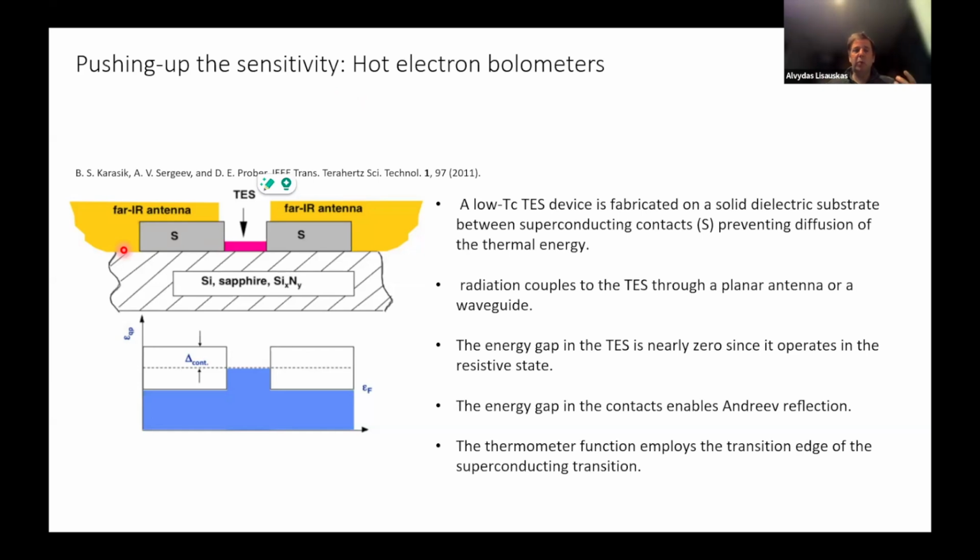So what do we use as absorber? Usually TES or SNS structures are so small, like transistors or diodes, that they do not see the radiation directly. The antenna brings radiation onto the device. So this is where power estimation, antenna coupling, and impedance matching of the antenna to the element is a crucial point.